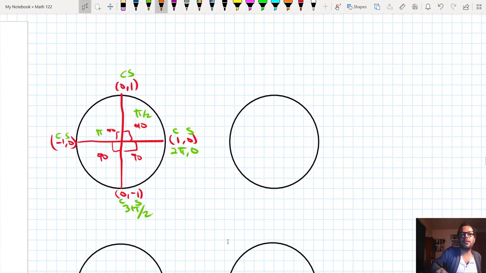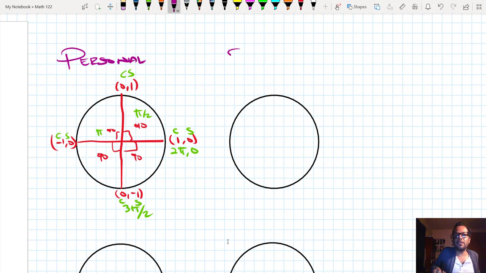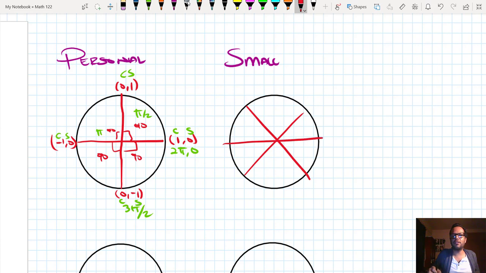So this is, let's call this the personal pizza, right? And then we're going to have the small pizza. Okay, the small pizza will typically have 6 slices, right? 6 slices, and each slice is 60 degrees, right?